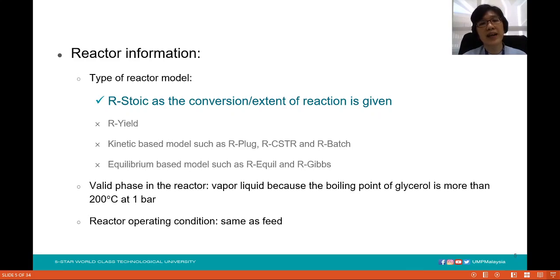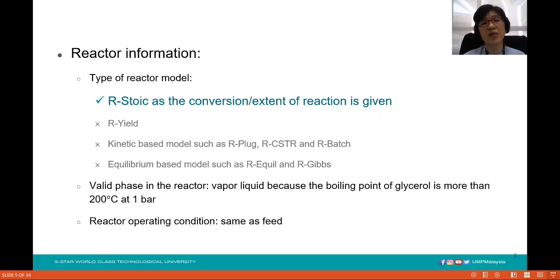In terms of reactor information, first is the type of reactor model. This may pop up in your mind when a question regarding reactive processes is given to you. In Chapter 3, we have learned several models for the simulation of reactors.